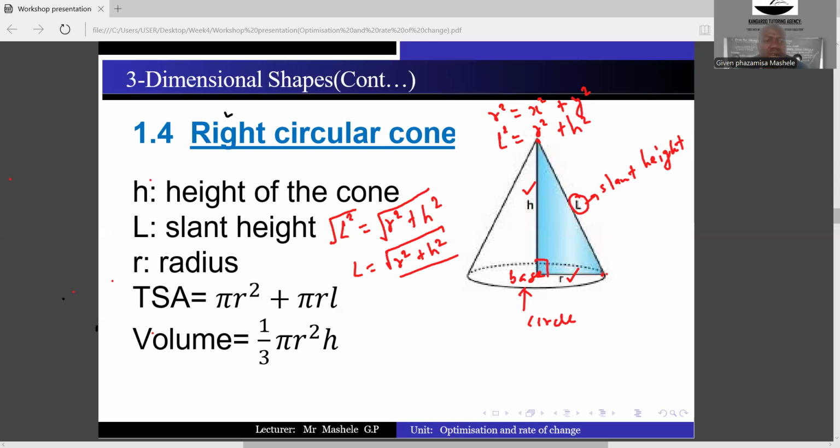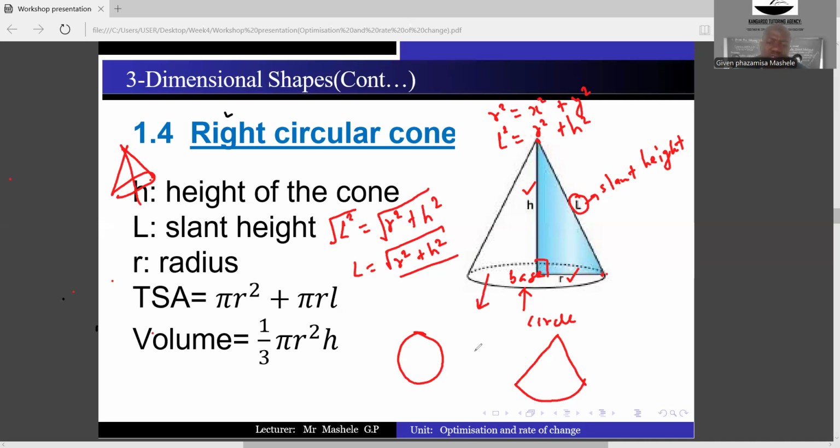So how do we calculate the total area of a cylinder? I'm saying a cone. In a cone, if we cut the base of the cone, this is a circle. Then what we're going to remain with is something like this, which is actually in the shape of a sector.